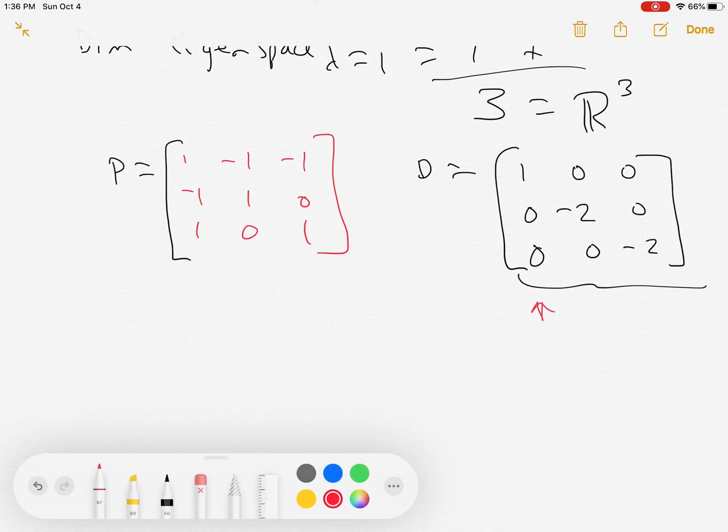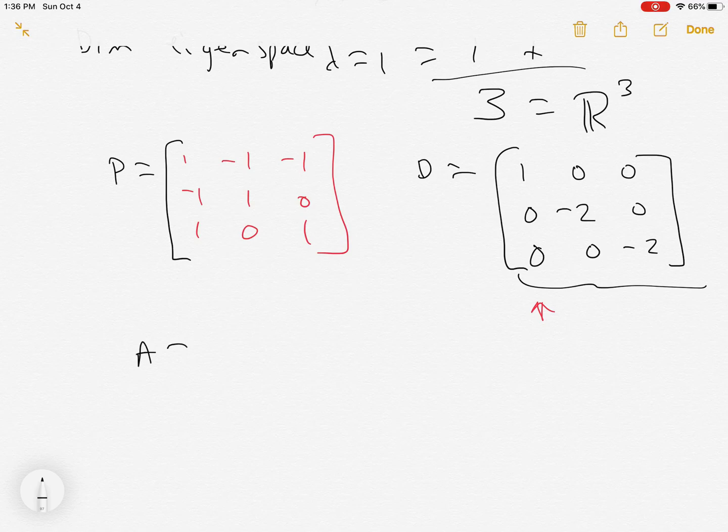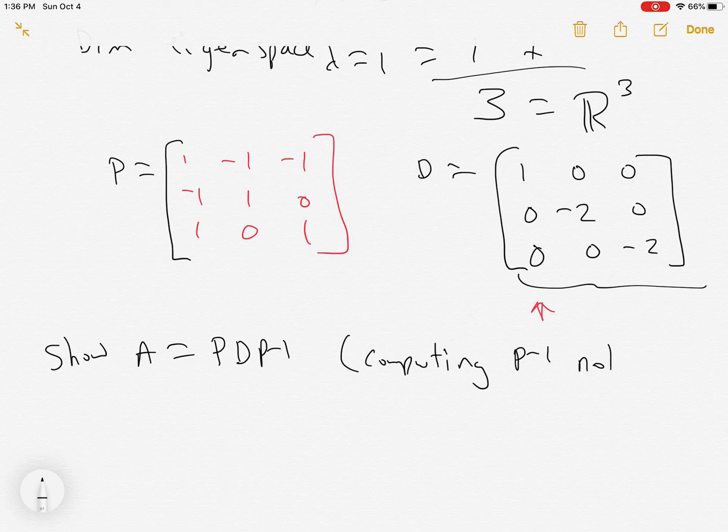And if you don't believe this works, remember we're supposed to show that A equals, is it P first? I think it's P first. Yeah. P, D, P inverse. Now, computing inverses is not nice. So what you want to do is multiply on the right by P inverse.